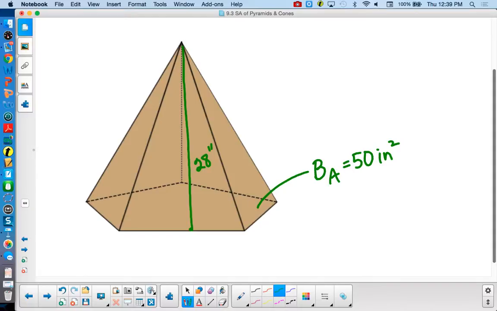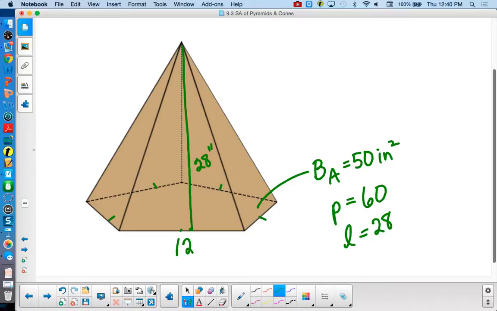So that's the base area. I guess they'd have to give you a little bit more, wouldn't they? Let's say this edge is 12, and they're all the same. So what would the perimeter be? How many 12s? 5, so that would be 60, and your slant height would be the 28.